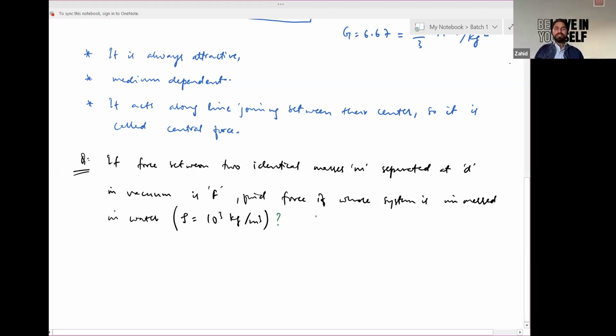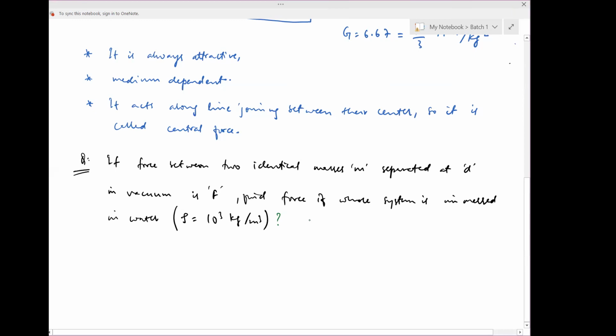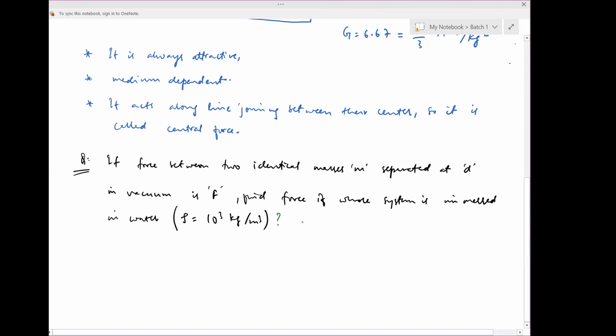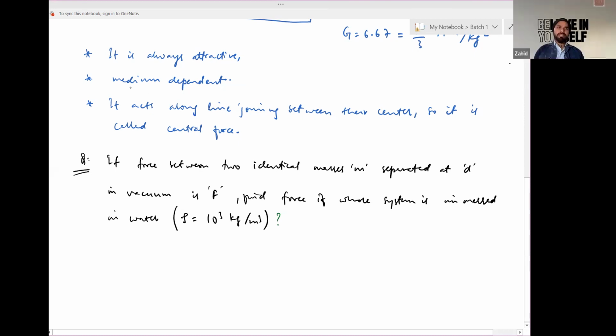So what would be your answer? Khalid? Yes, sir. What will be your answer to this question? Just see, I've defined it above in this part. Gravitational force is medium independent.